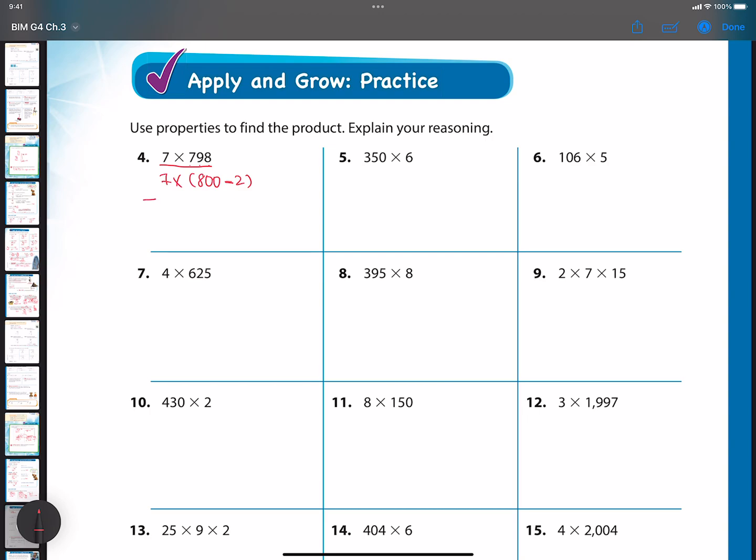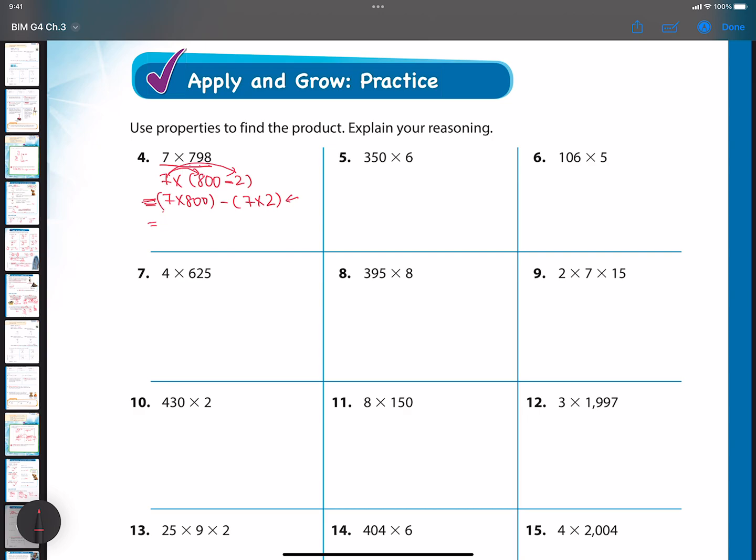Now I'm going to rewrite it: 7 times 800 minus 7 times 2. If you are very familiar with this, you don't have to write this equation again. You can just simply do the distribution and then find the product, pretending you skip this second line, right?